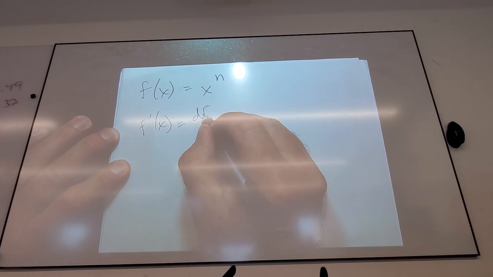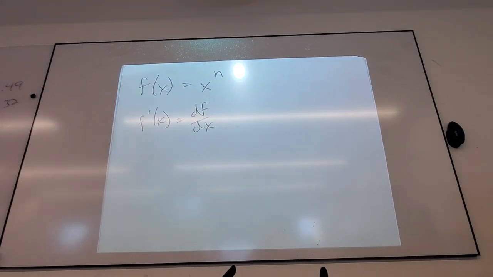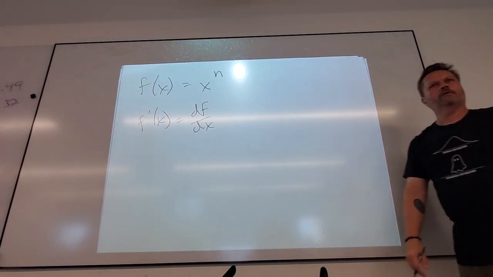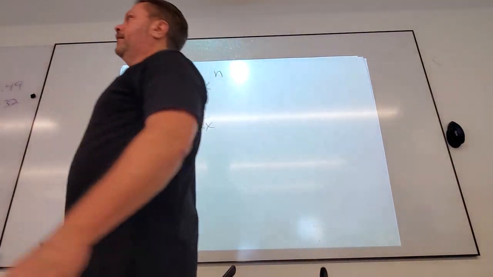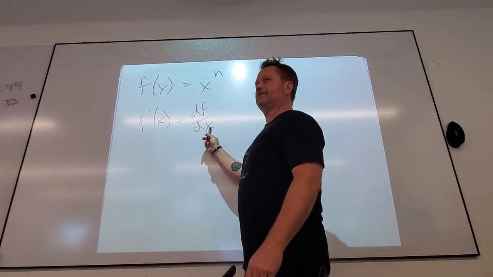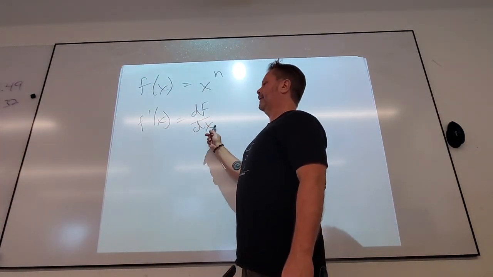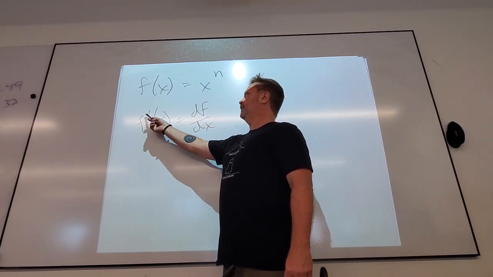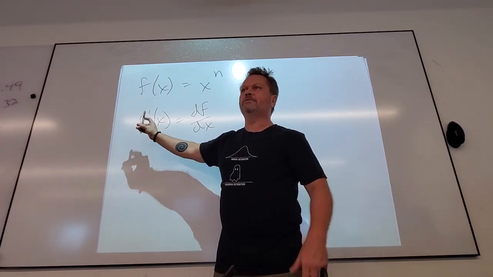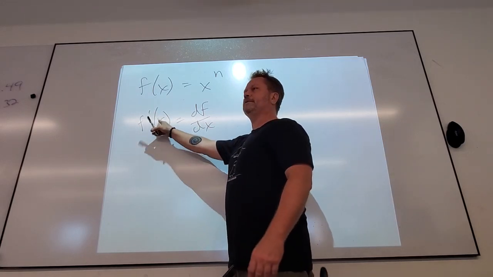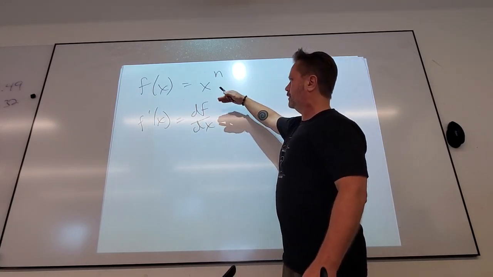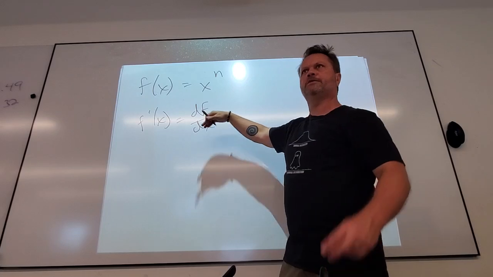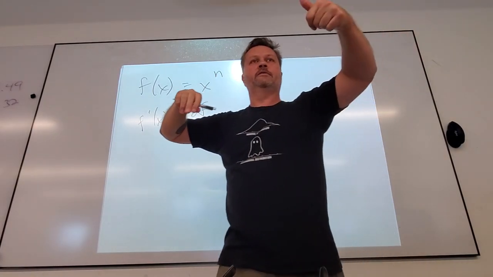This is the symbol that is very often more explanatory. Both of them mean the exact same thing. The way I read this is d by dx. So the df dx. So I'm applying d by dx to f. And this just means do the whole slope thing. That's what that little symbol means. These mean the same exact thing. This one's really nice because you can see the change in outputs over the change in inputs, which is what slope is.